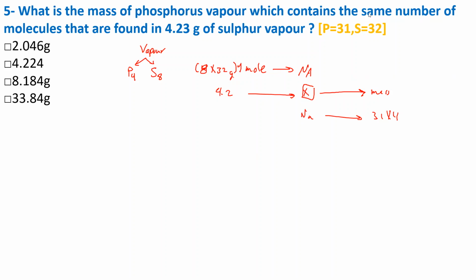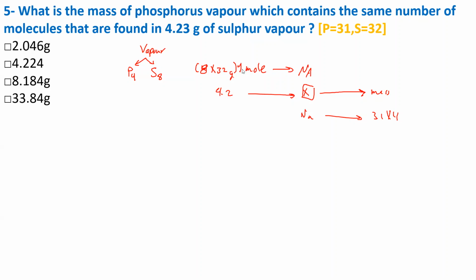So this mass belongs to sulfur. So 1 mole of sulfur contains Avogadro's number of molecules. 1 mole equals the molar mass. Why do we put here molar mass? Because he gives me the mass of sulfur.